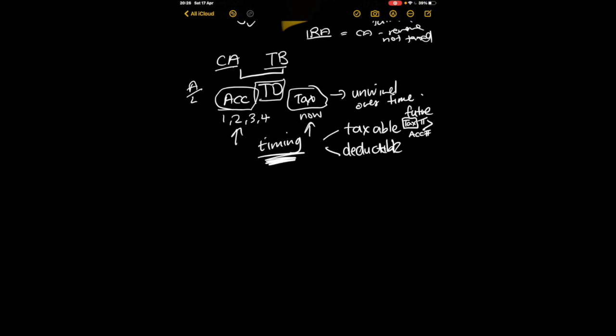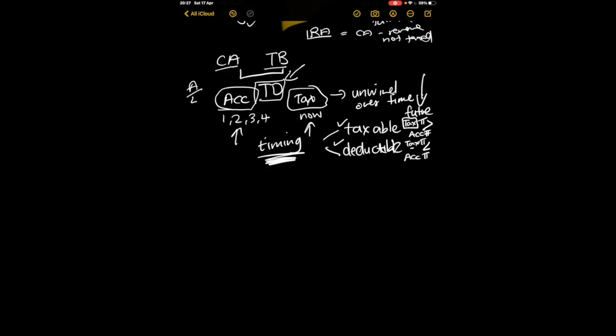And if my temporary difference is deductible, it means that in the future my tax profit is going to be less than my accounting profit, which means that in the future I'm going to pay less tax. So when deciding whether our temporary difference is taxable or deductible, we always think about the future tax consequences.